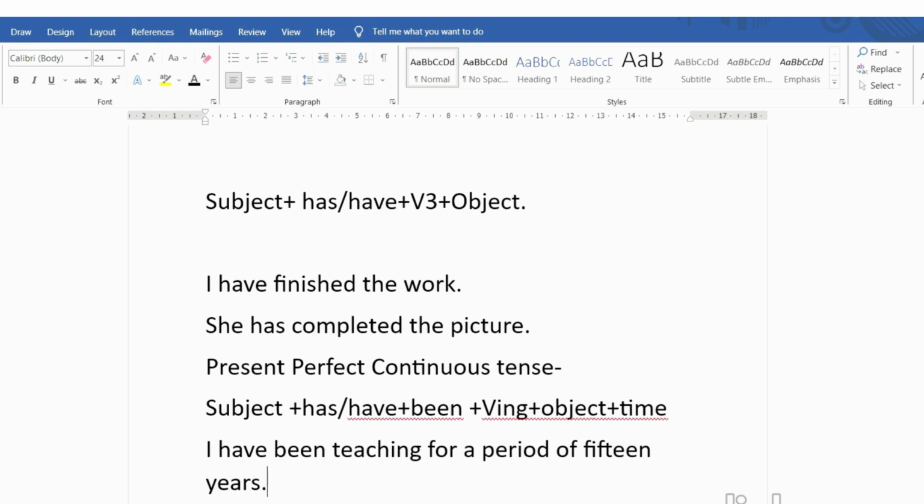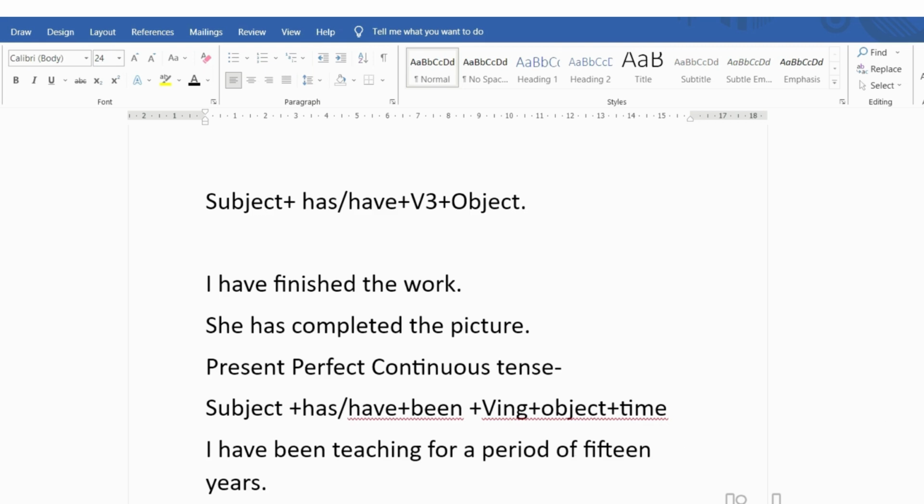Okay, it is continuing, but it started long back. So what is the difference between present continuous tense and present perfect continuous tense? Present continuous tense means the action started only some time back and right now it is continuing. But present perfect continuous tense means the action started long back.